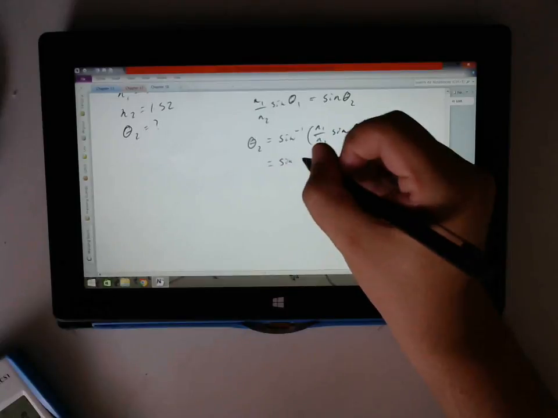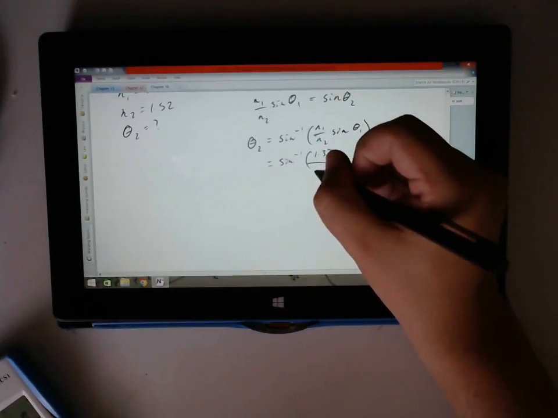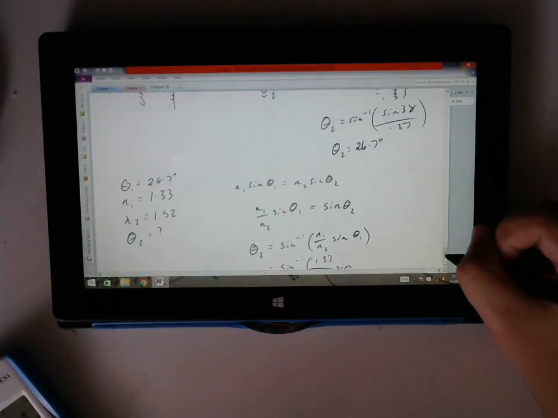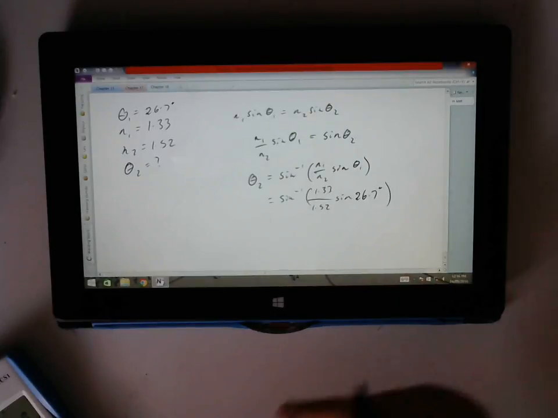Theta 2 equals arcsine of n1, 1.33, over n2, 1.52, times sine of, and that was 26.7, wasn't it? Chuck it in.